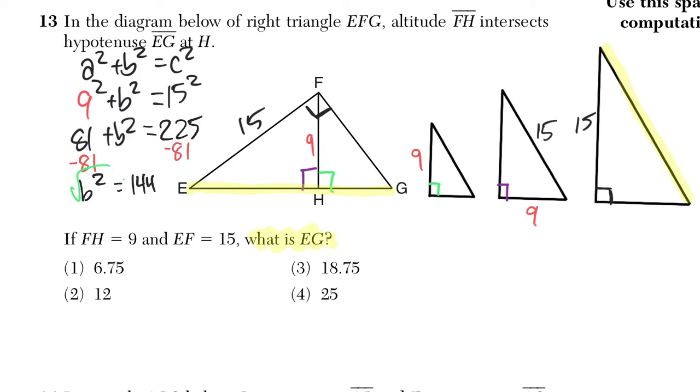Let's take the square root of both sides because we want to isolate b, and when we do, I know that b equals 12. That's amazing. All right, so we now know that EH is 12, and so I can reflect that in our diagram to the right. So I know now that the long leg of the medium triangle is 12.